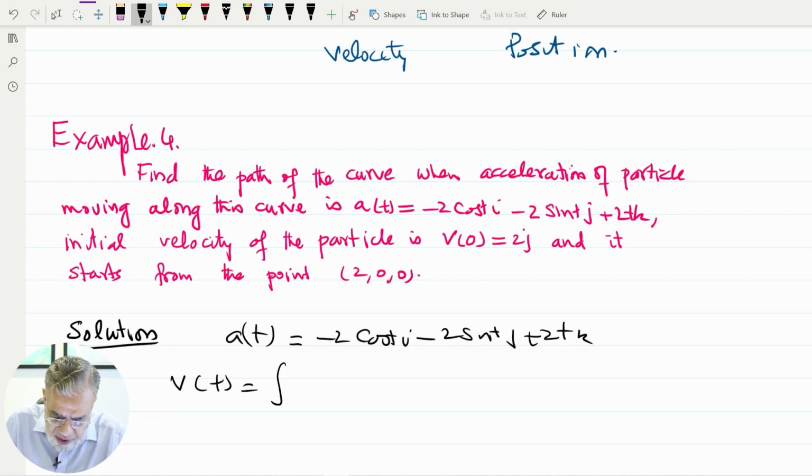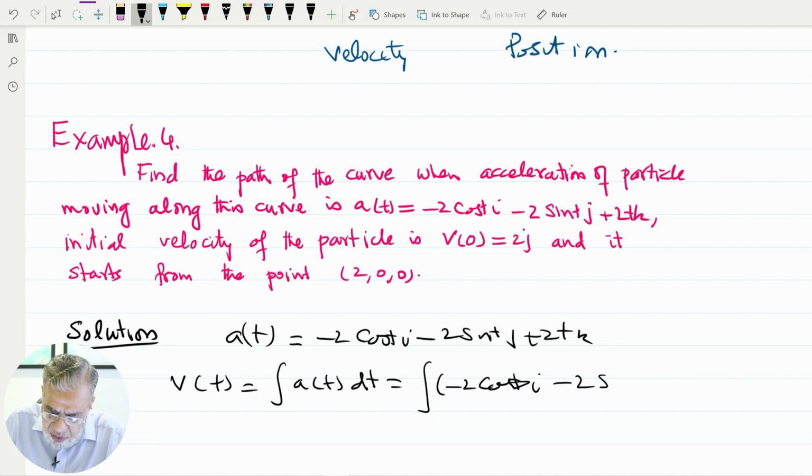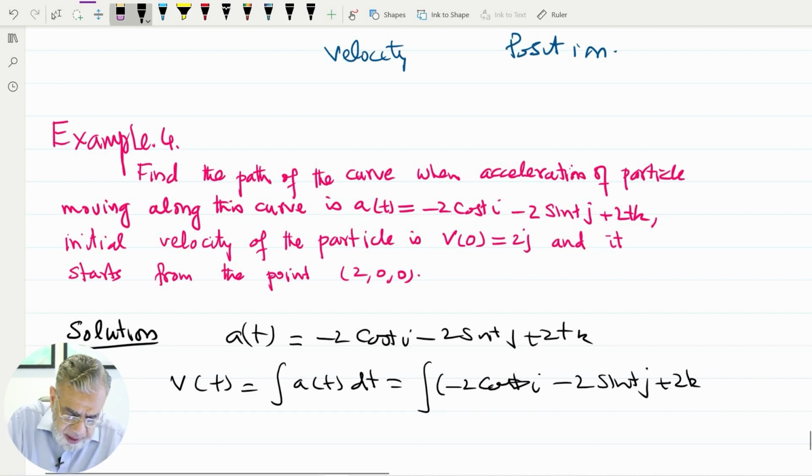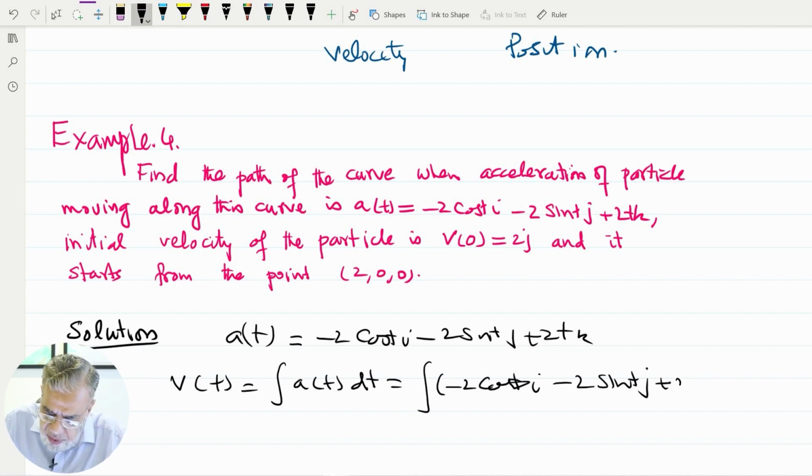Velocity is the integration of the acceleration vector. So we just integrate this: minus 2 cosine t i minus 2 sine t j plus 2t k, into dt.